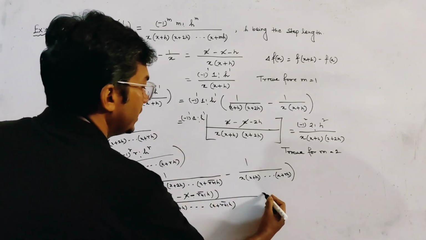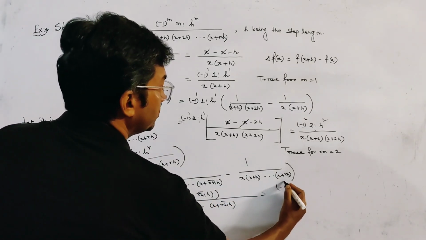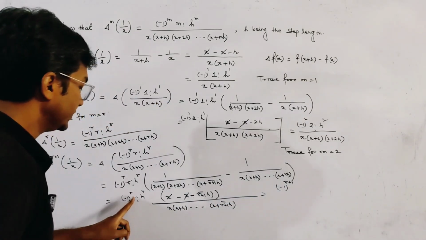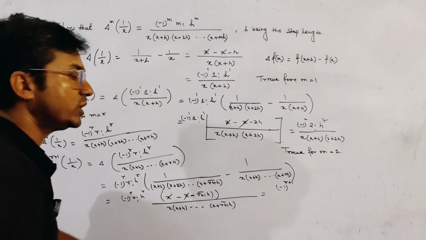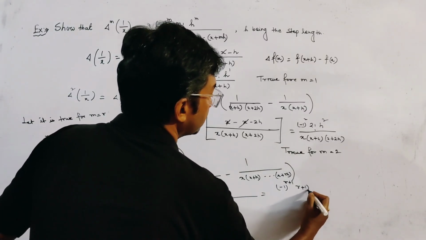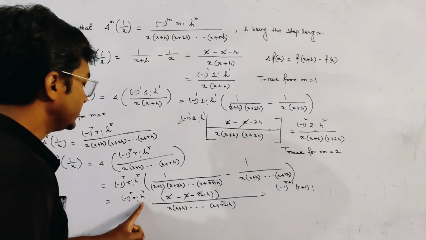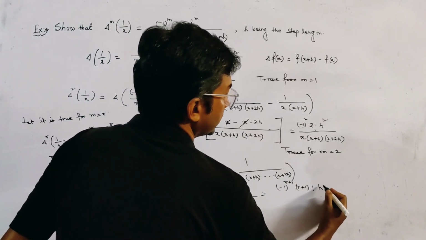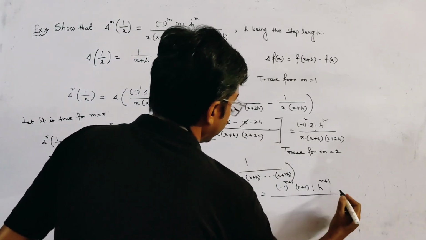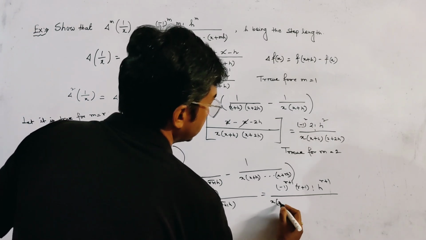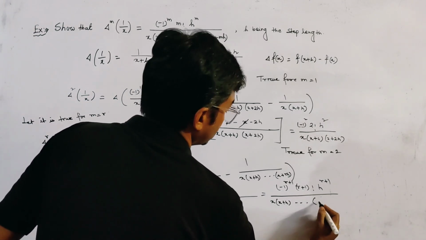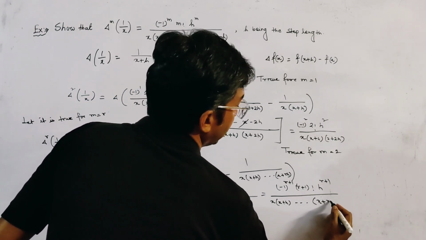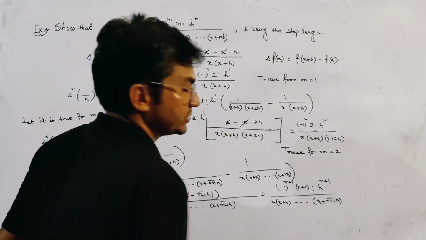Then we get the result as minus 1 to the power r plus 1, r factorial times r plus 1 is r plus 1 factorial, and h to the power r times one more h gives h to the power r plus 1, by x plus h up to x plus r plus 1 into h.